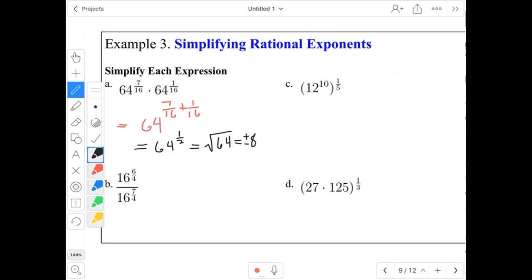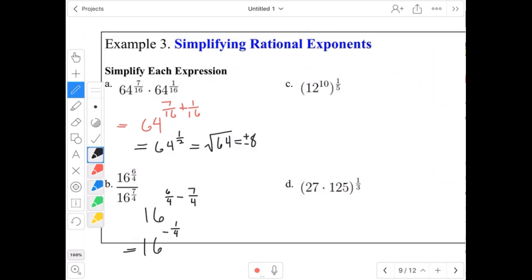All right, let's look at part B. Again, we have 2 things that are of the same base, so this can be written as 16 to the 6/4 minus 7/4. So that's going to leave me with 16 to the negative 1/4 power.